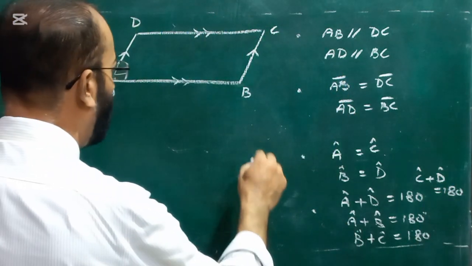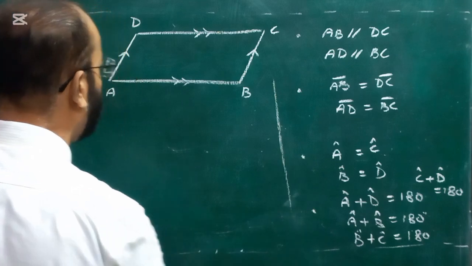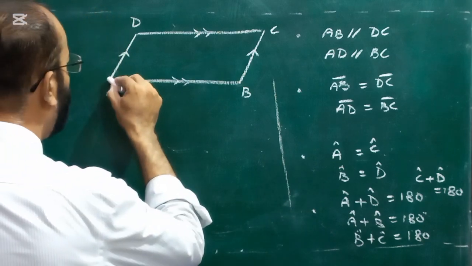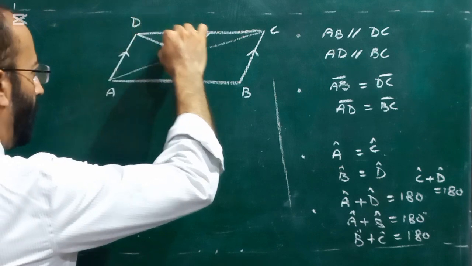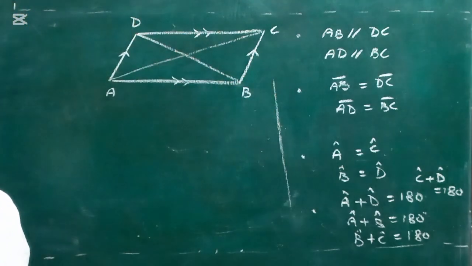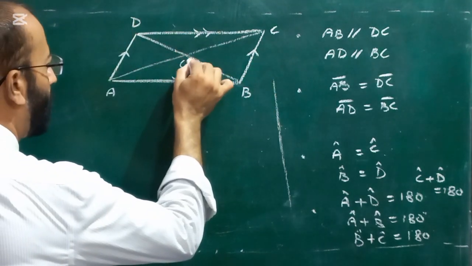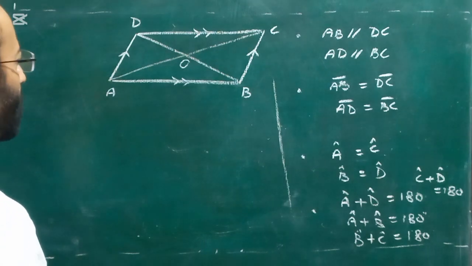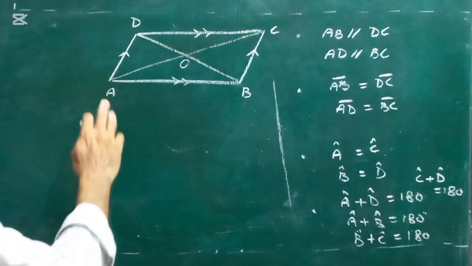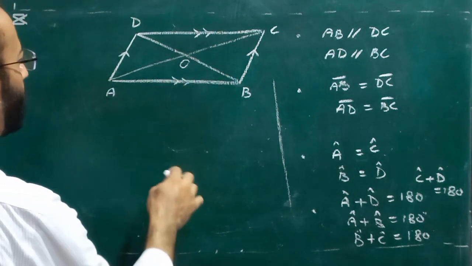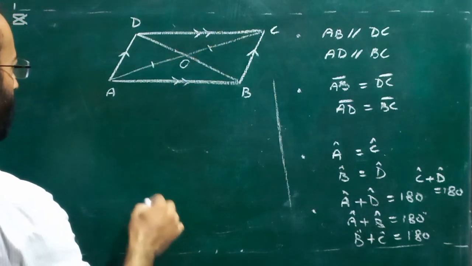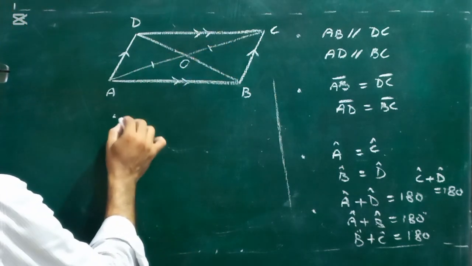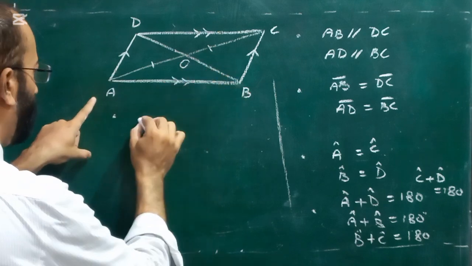The next property is if we draw the diagonals in the parallelogram, suppose the intersecting point of the diagonals is O. The diagonals will bisect each other. So this length will be equal to this length. So AO will be equal to OC.